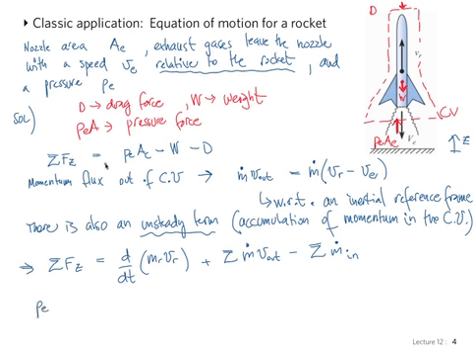The sum of forces we already have here: P exit times area exit, minus the weight, minus the drag, is equal to the unsteady term, mass of the rocket times velocity of the rocket, and we only have this term here for the momentum flux, m dot (v rocket minus velocity of the exhaust gases).